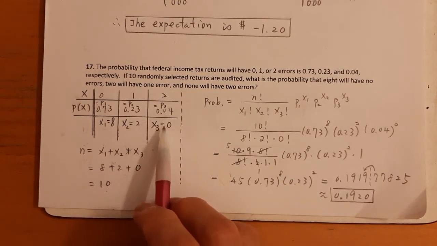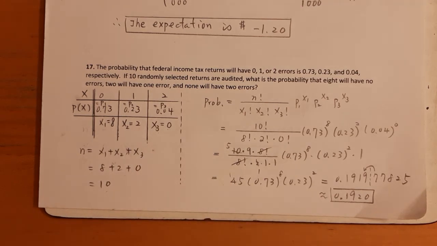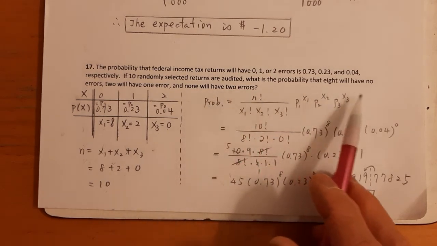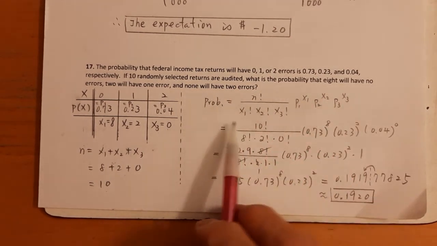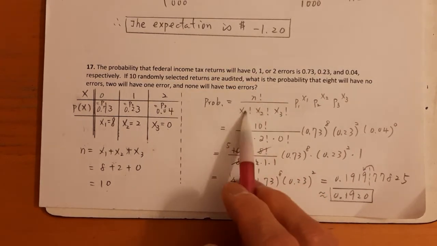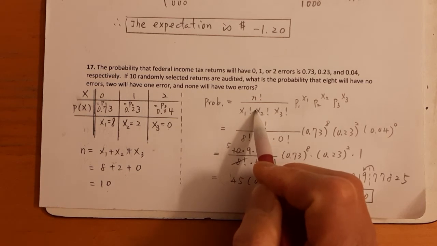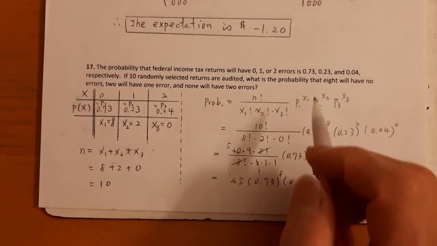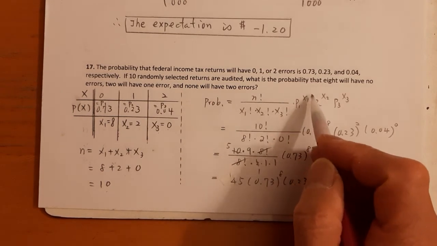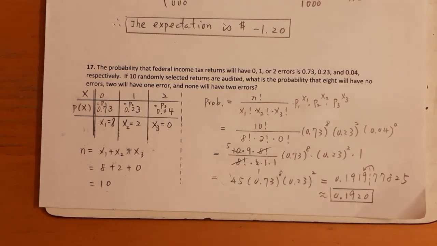It's not binomial, it's a trinomial distribution. We call it multinomial distribution. For multinomial distribution probability, use this formula: n factorial over x1 factorial times x2 factorial times x3 factorial, times p1 to the power x1 times p2 to the power x2 times p3 to the power x3.